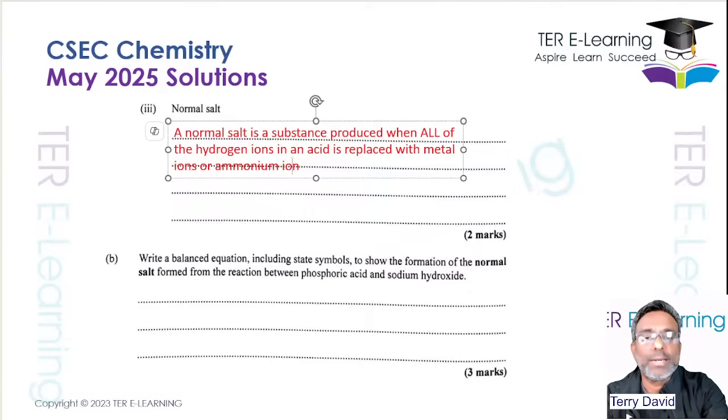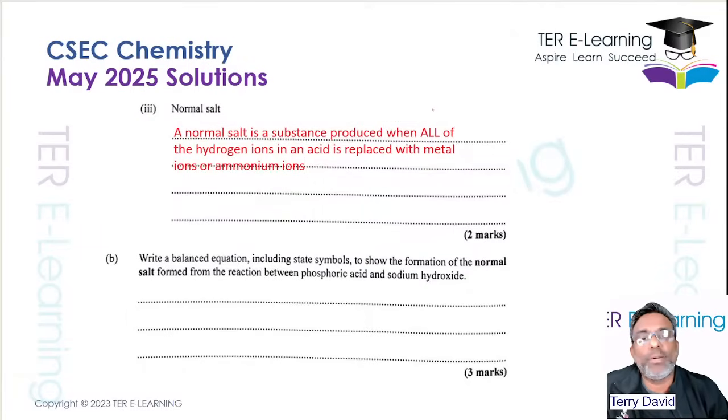That's all you need to say here. That's what a normal salt is: one in which all of the hydrogen ions have been replaced with metal ions or ammonium ions. You have two kinds of salts. You have acid salts and you have normal salts.